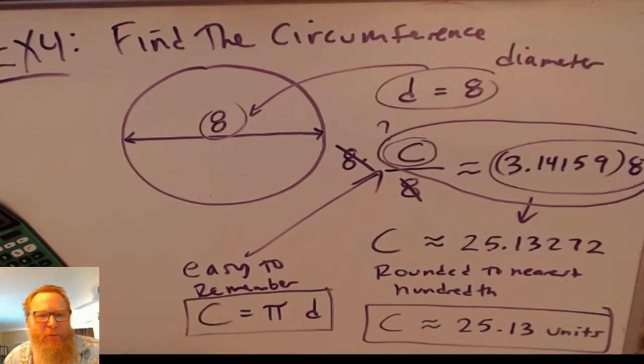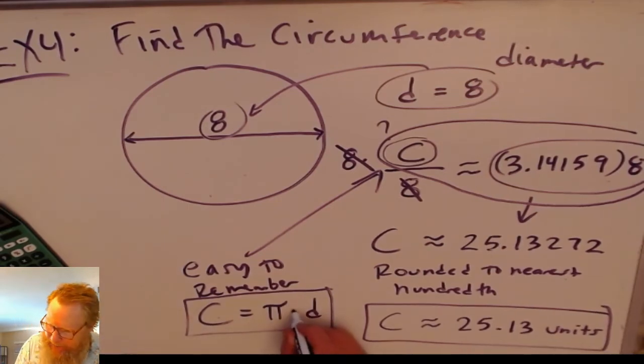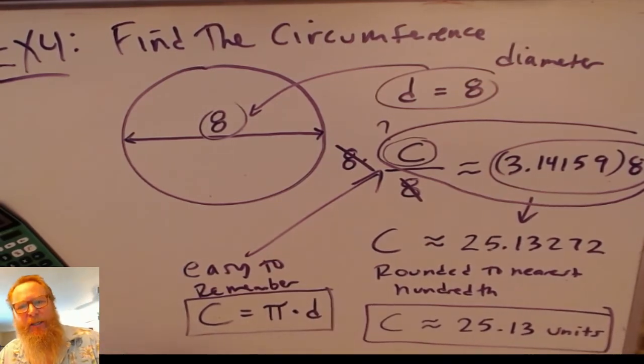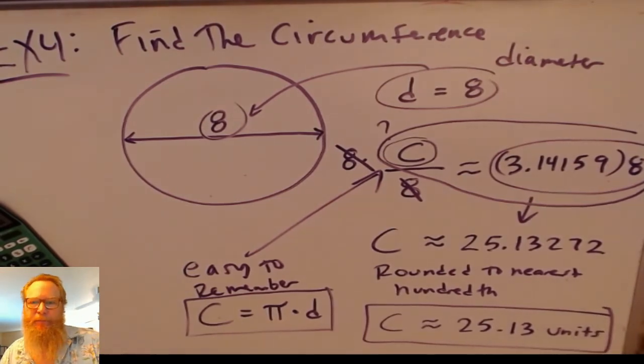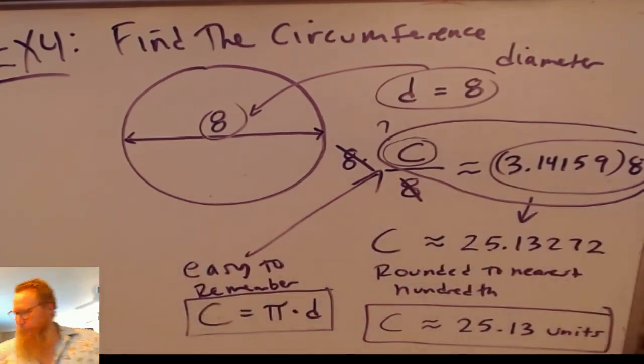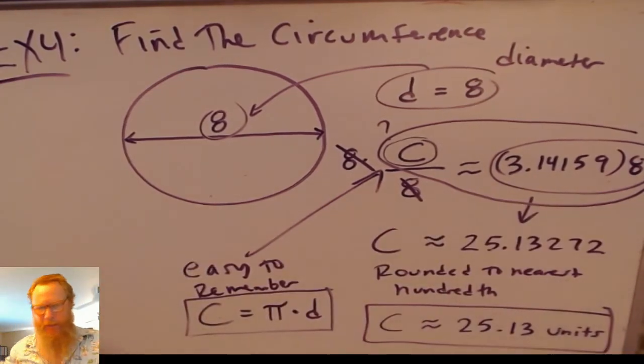When you put two things next to each other in math, that means that we're going to multiply them. I'm going to put the dot just to make it extra clear, but that is not a decimal point. Right, that's a multiplication dot. Okay. So there's your new formula. Circumference is pi times d.